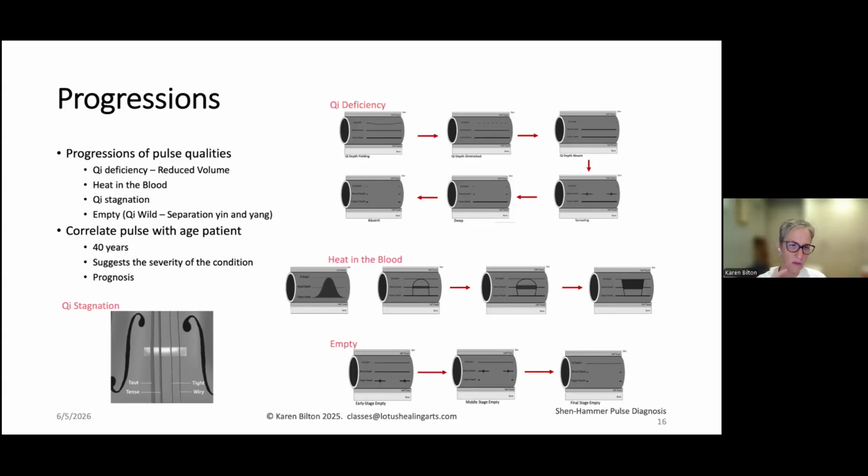But in terms of the reduced volume, the heat in the blood, and the chi stagnation, now we correlate these with the age of the patient. Up until the age of 40, the physiology is strong. It has an ability to replace and replenish. Clearly, the further you are away from 40, like a 20-year-old, that ability is stronger than it is in a 39-year-old.